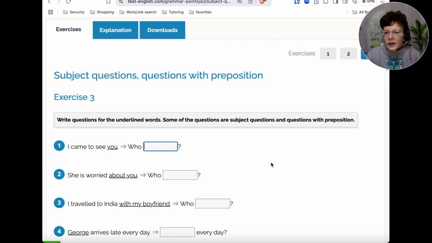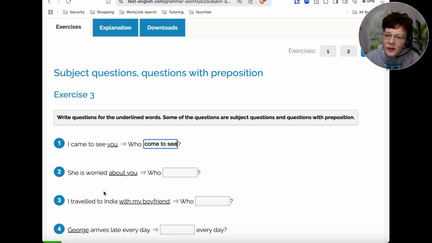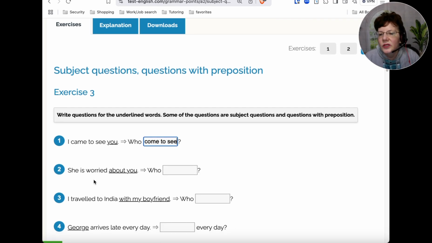So, who did you come to see? Or actually, this is the base form, so it's "come to see." There's no preposition.